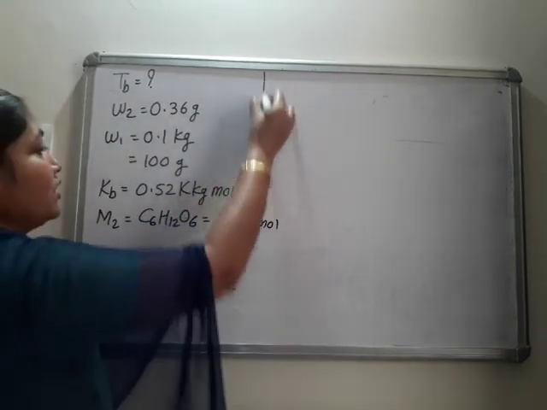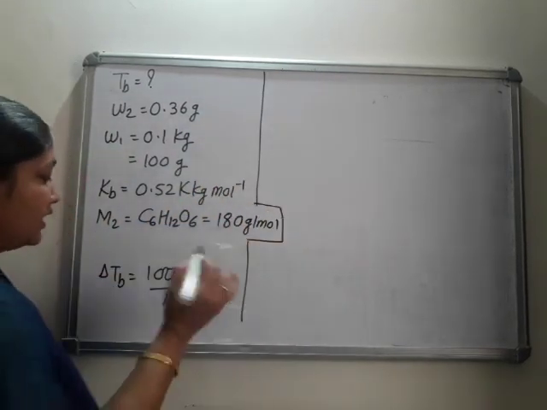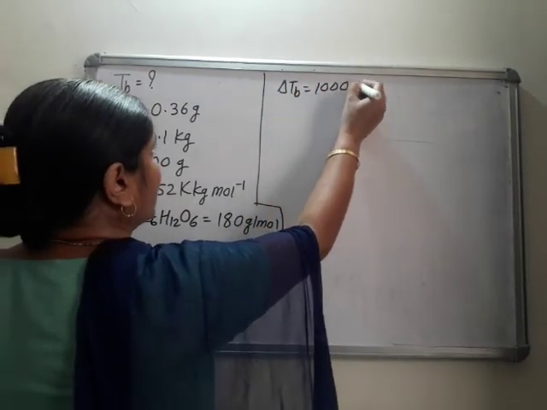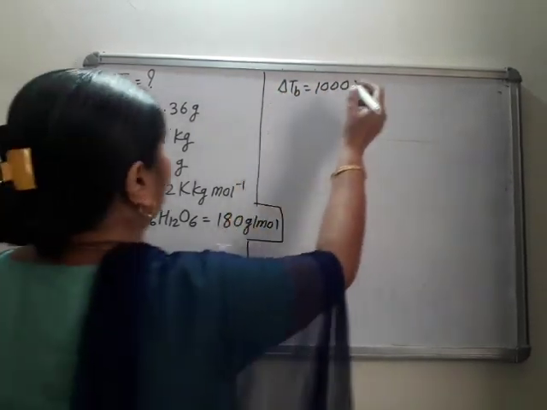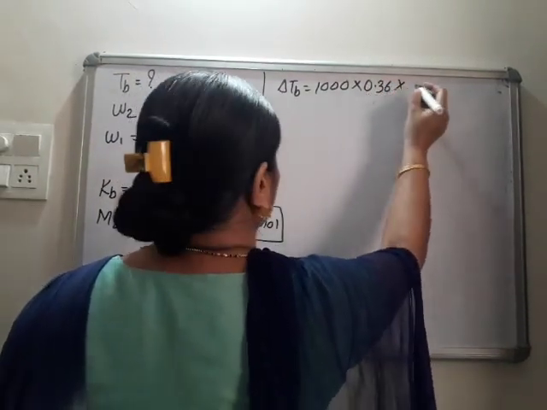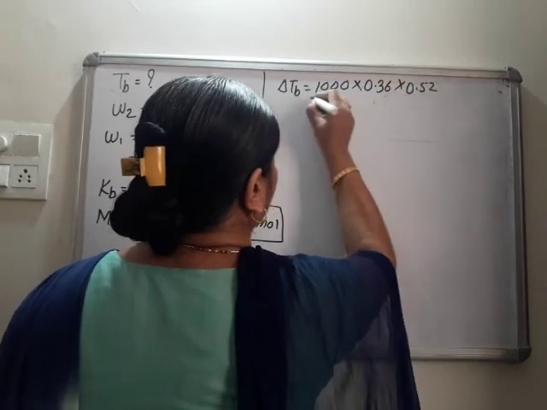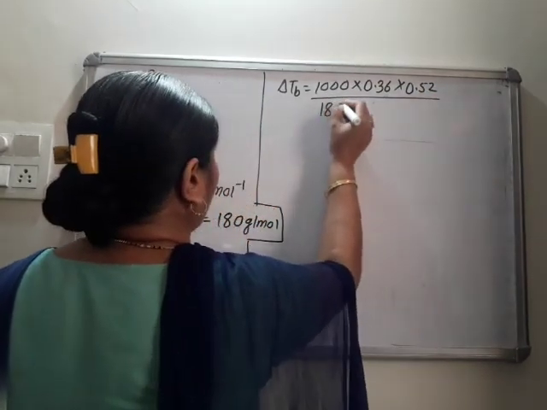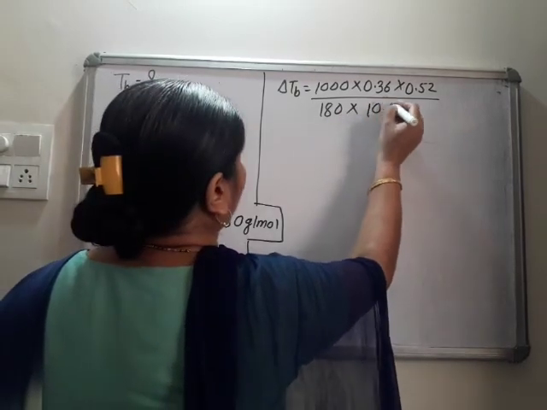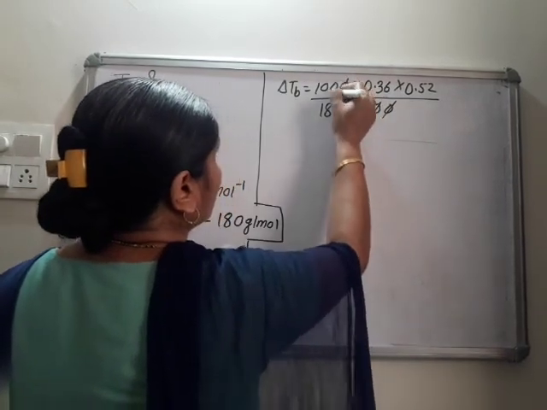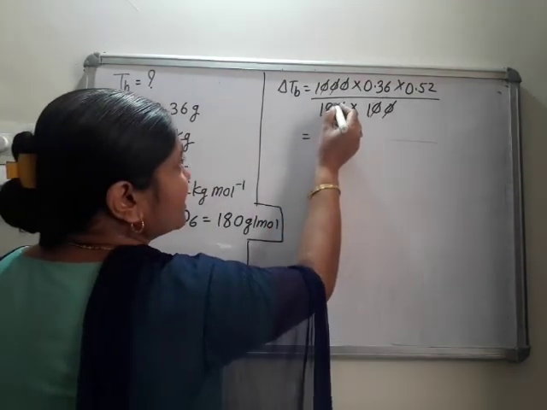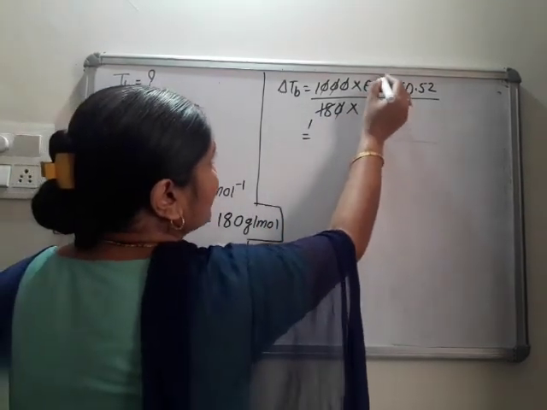Put the values, find delta Tb. So delta Tb is equal to 1000. W2 is 0.36. Kb is 0.52. Upon M2 it is 180. And W1 is how much? 100. So cancel these zeros. 1, 2, 3. Okay. So what is left? This is 18 ones are, and this is 0.02.